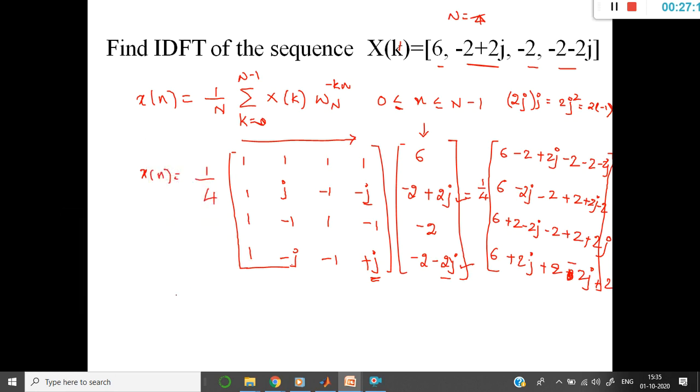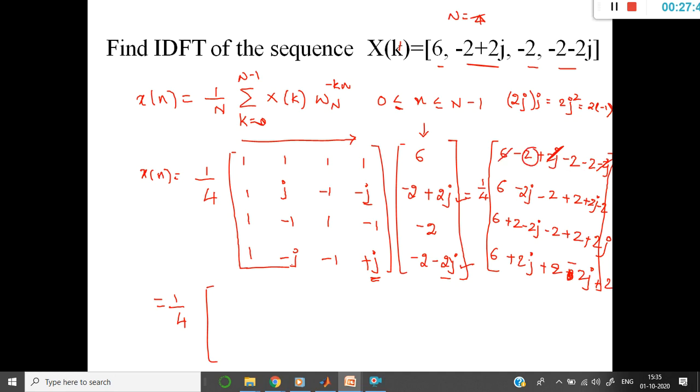Okay, sorry. Once again, this is 1 by 4. I'll keep as it is. Okay, let me simplify this. So I think plus 2j and here it is minus 2j, that cancels, and 6 minus 6. So minus 2 minus 2 minus 2, it is minus 6.